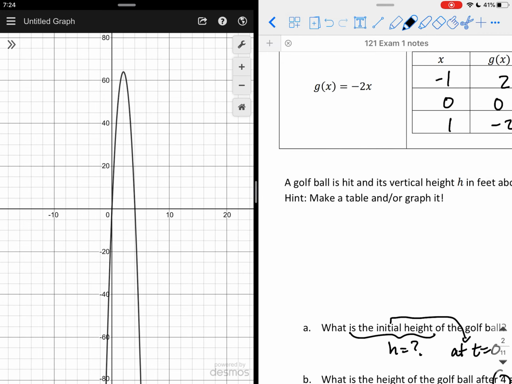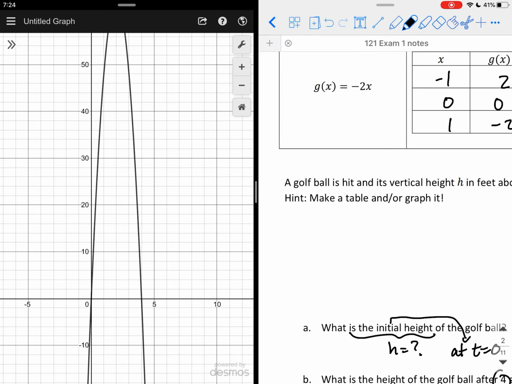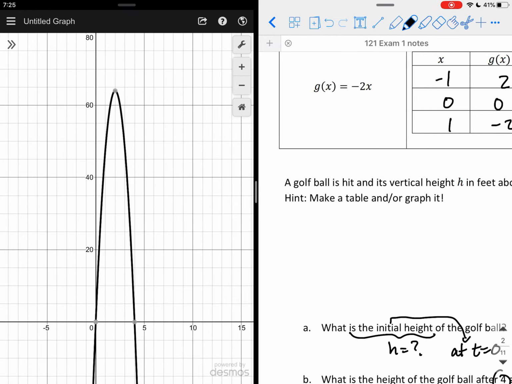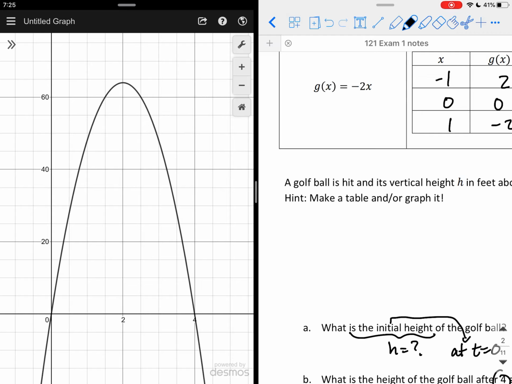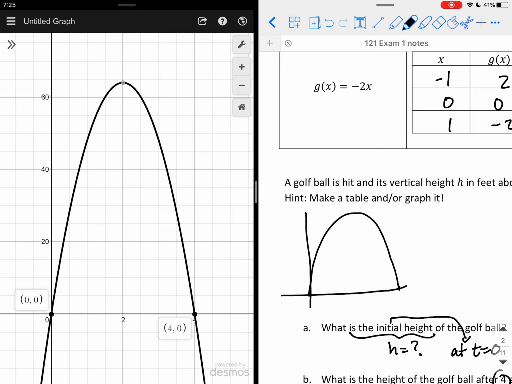Now, you need to realize that our x's are keeping track of time. So we have no right to be in the negative t values. Technically here, and this is going to help us with our domain and range, for our purposes we should only be looking at this part of the graph right here.